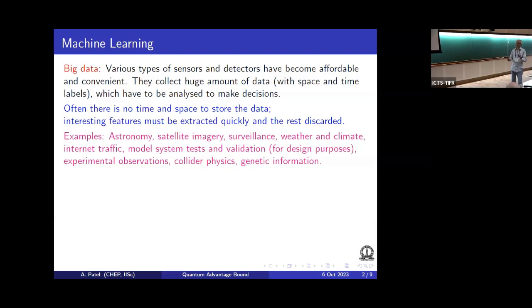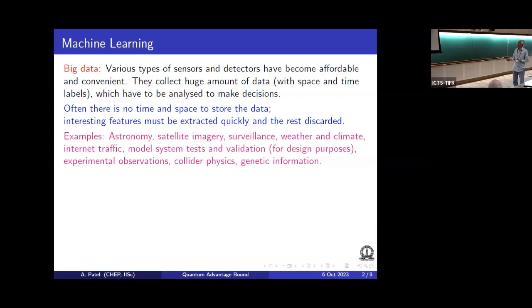You basically quickly filter out something that is of interest to you and throw away all the rest. The purpose is that you want to pick out something which will help you in making some decisions. It may be uncertain, it may be imperfect, but yes, it will guide you in some particular direction.